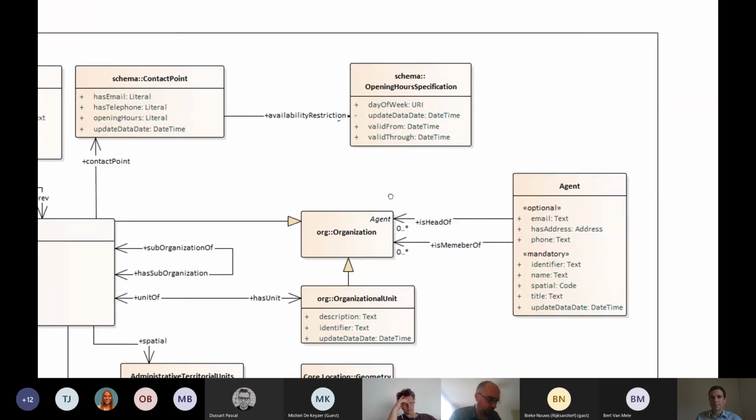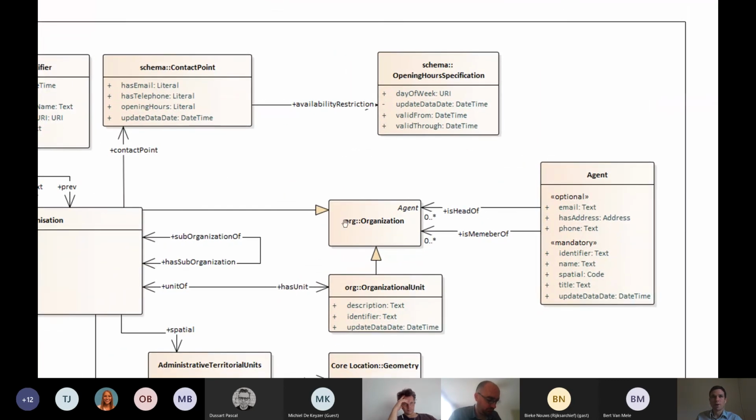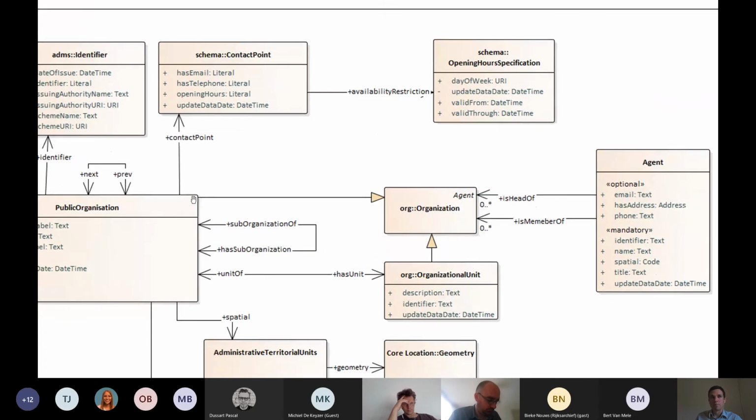Here, and that's something important, a public organization is also considered more generally as an organization, which sounds logical. Public organizations have the public part, which makes it a specific type of organization.